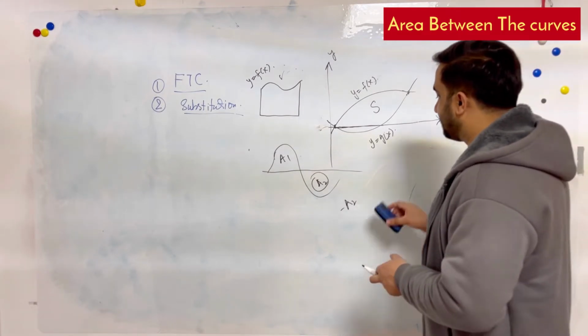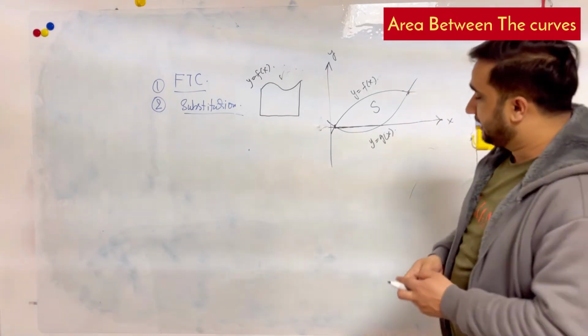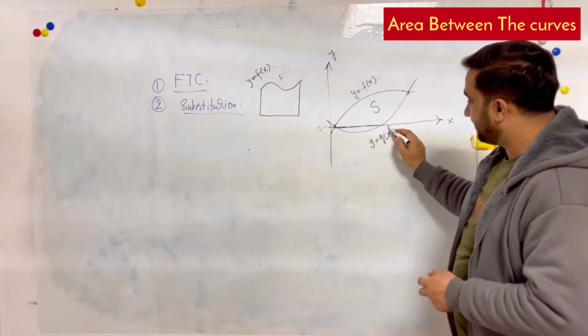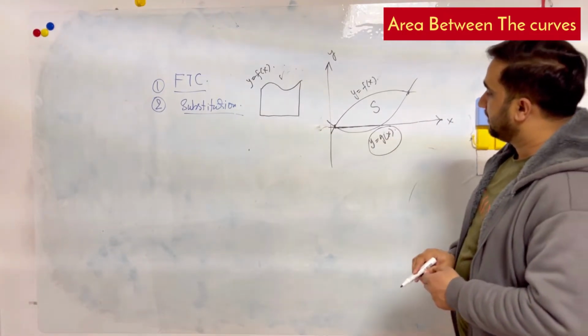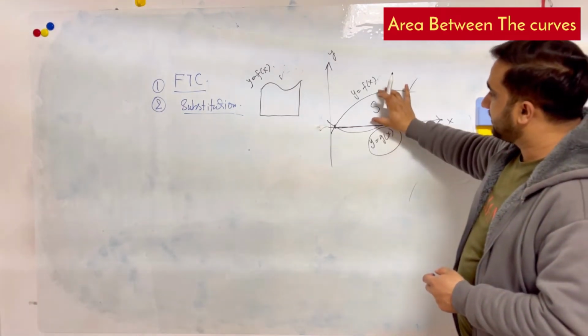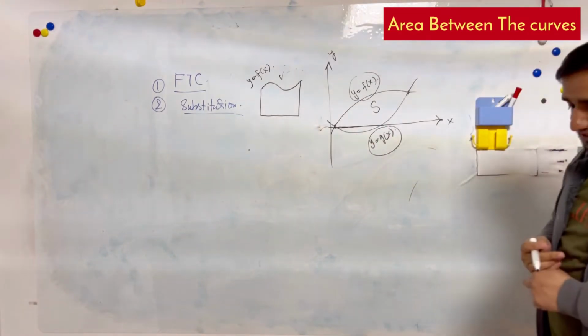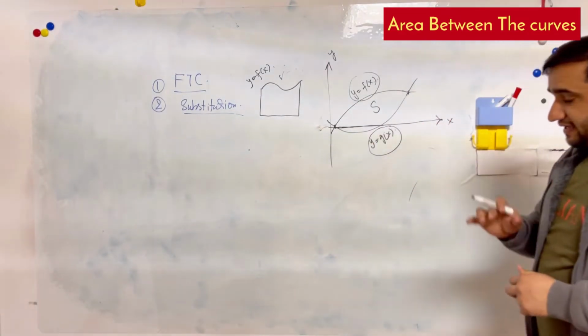Similar is the case here. The belongings of this function will be considered with a negative sign, and the belongings of this function will be given a positive sign. The formula is the same.